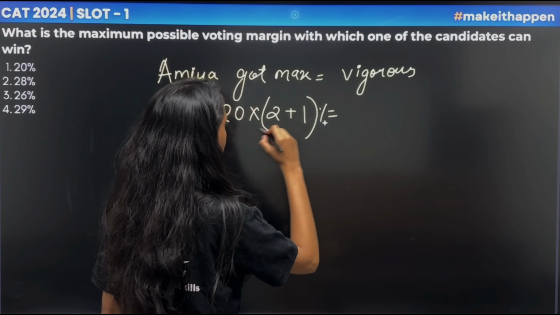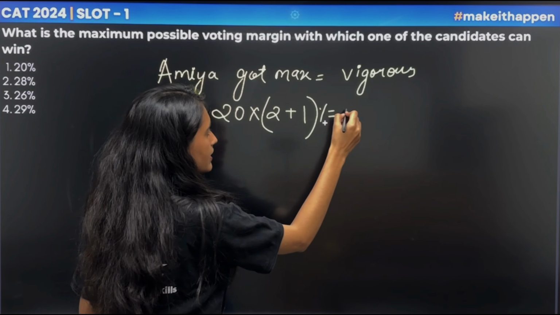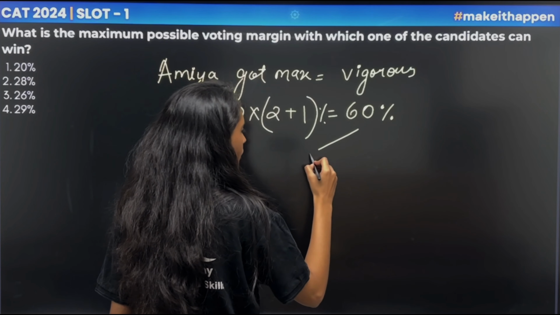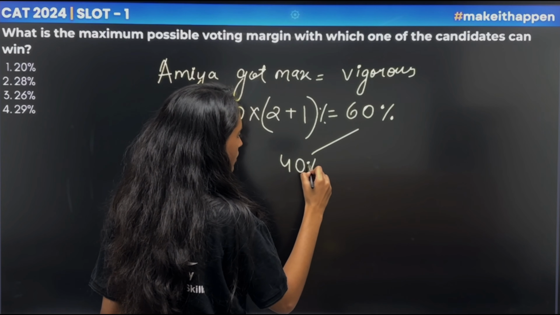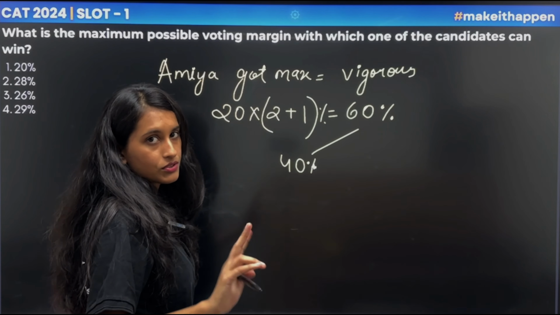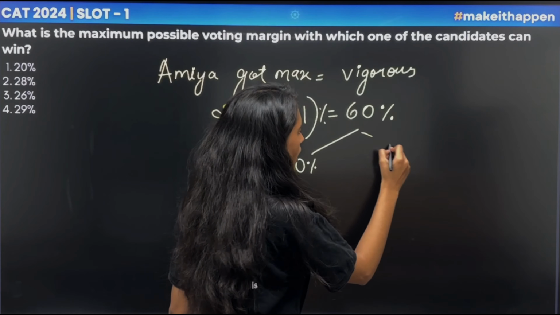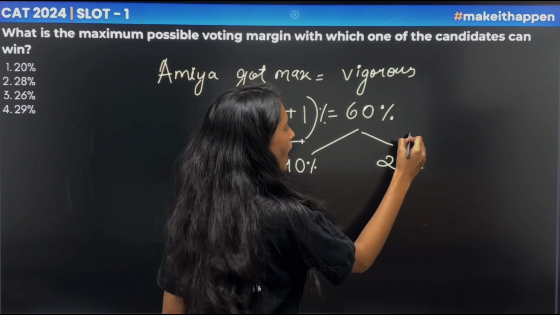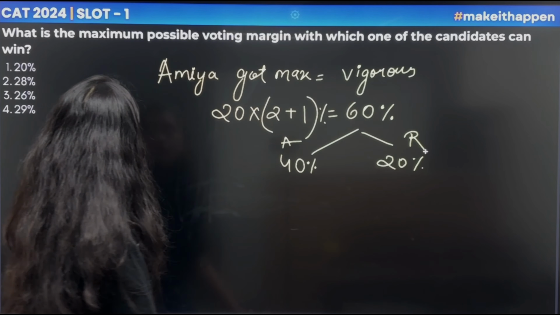That will be equal to 20 into 3%, that is 60%. So Amya will get 40%. Since it was in the ratio 2:1, 40% to Amya and 20% to Ramya.